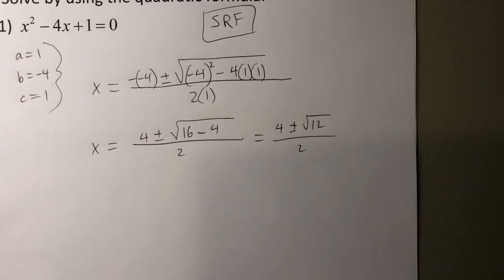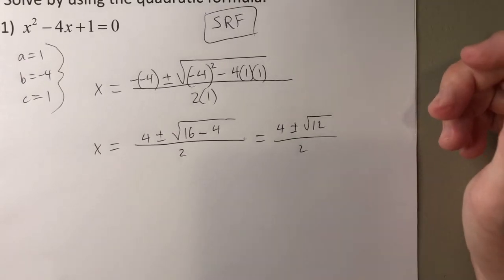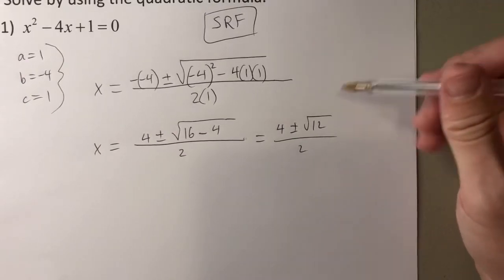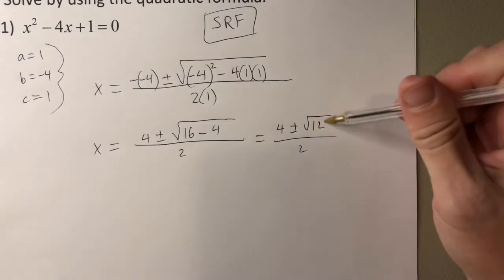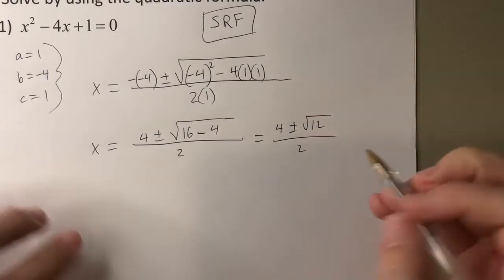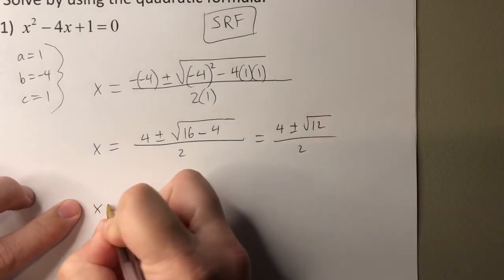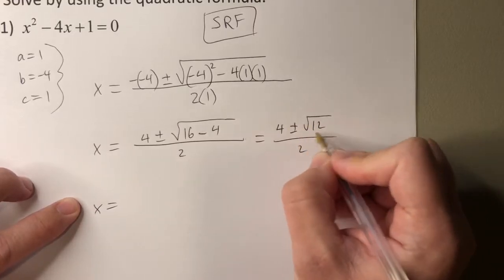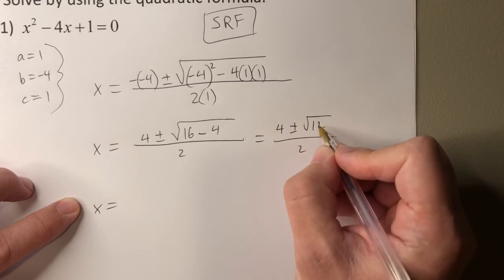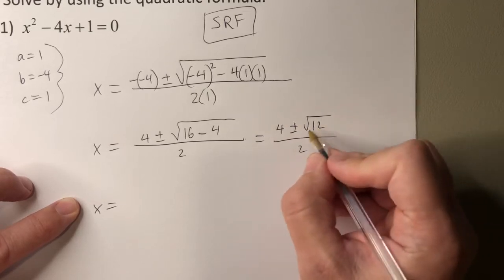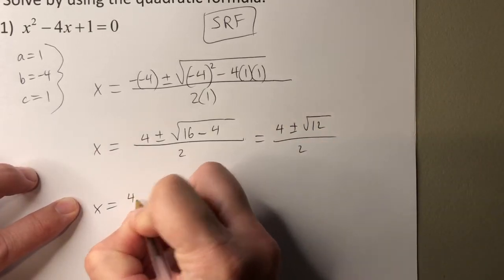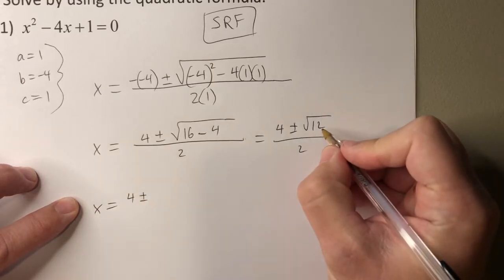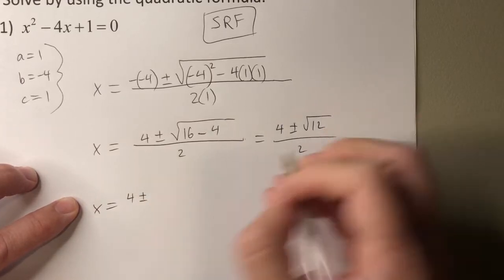So what we have to do is, we have to do a couple things. Let's remember how to put, first of all, this in simplest radical form. Let's go ahead and put this in simplest radical form first. That's your first step, putting the radical in simplest radical form if it is not in that form to begin with. So it's not. Radical 12 is the same as what? 2 radical 3, right?